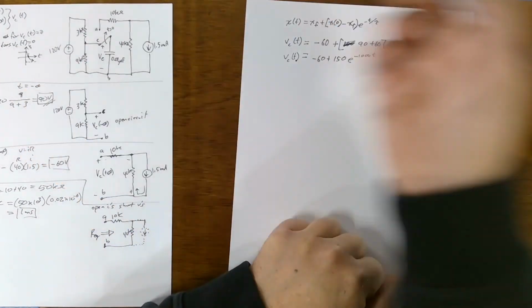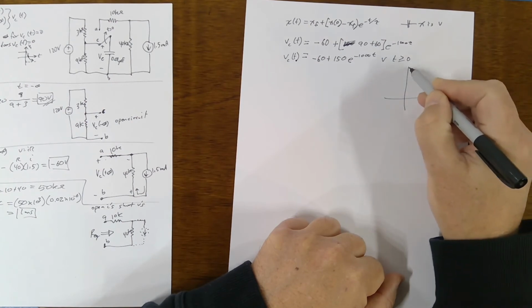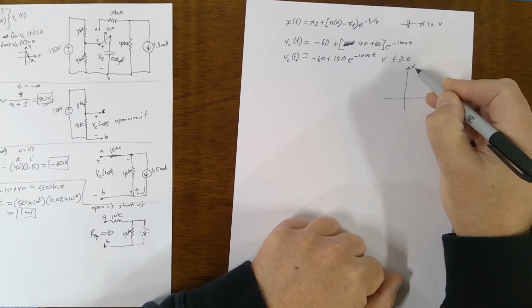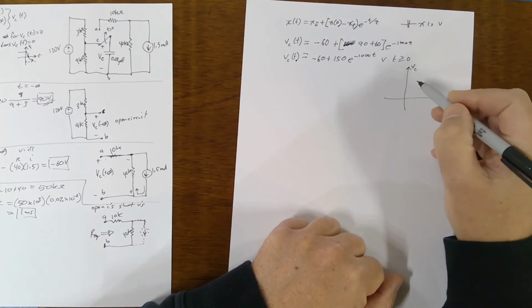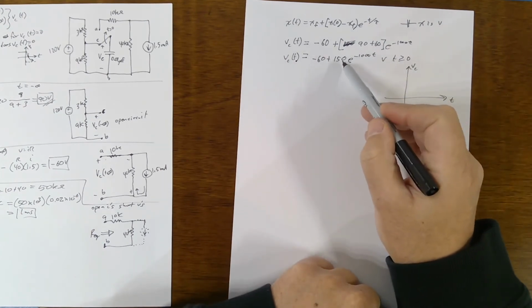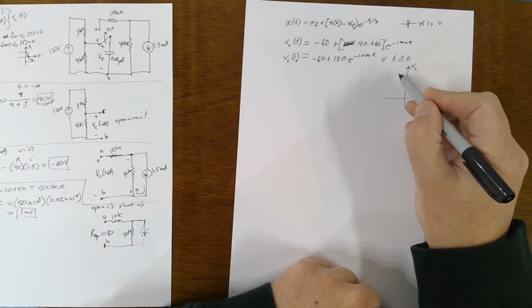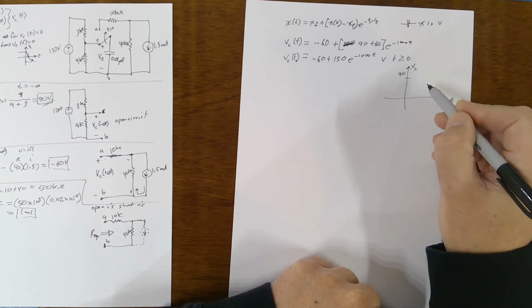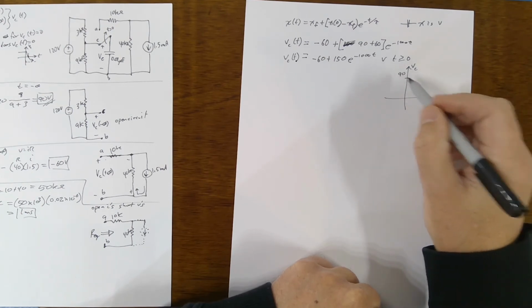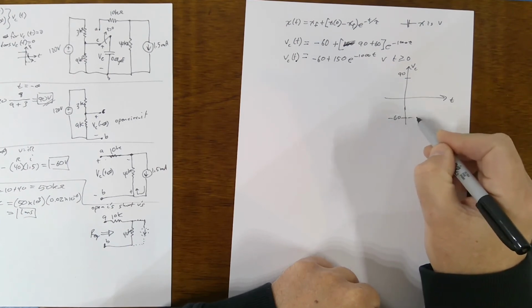Well, they're asking for when this is 0. So VC as a function of t, 150 minus 60 is going to be 90. And then it's going to decay down to minus 60.